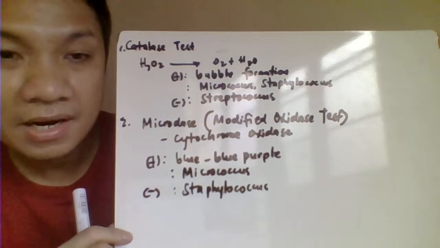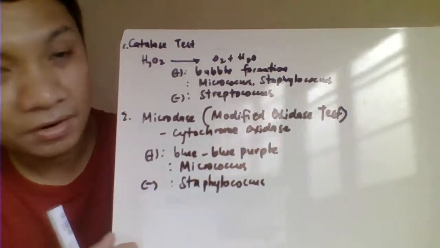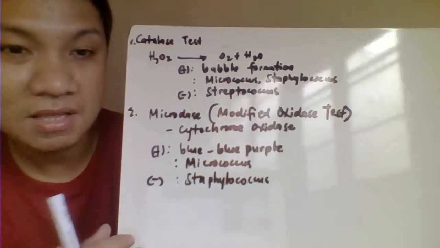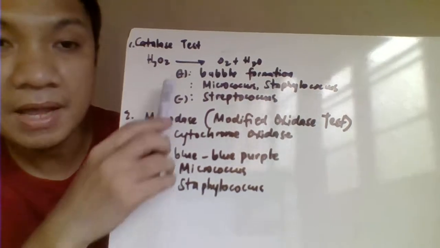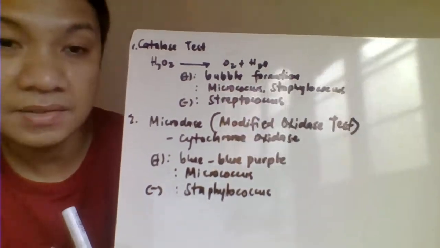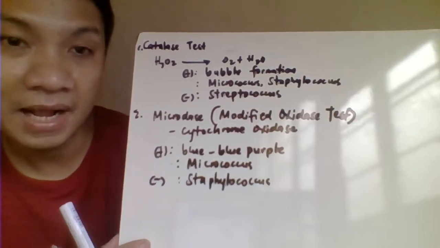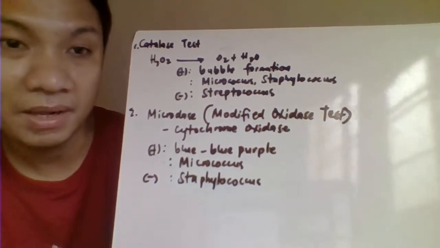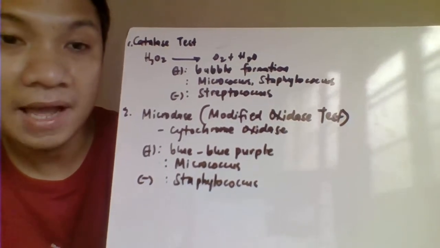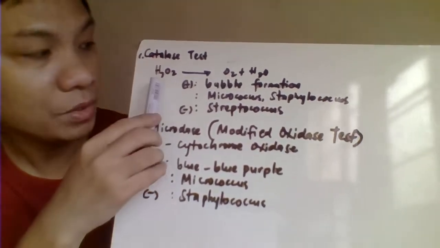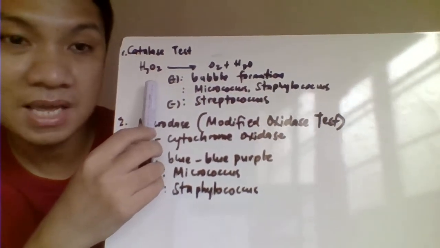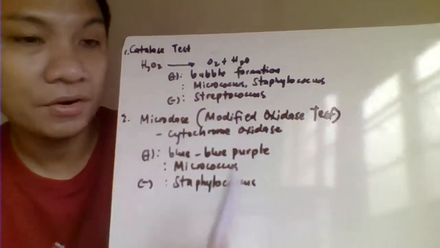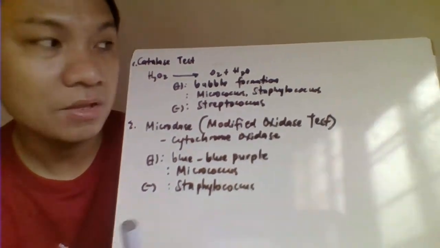Okay, so here is an overview of the tests that are very important in differentiating staph, strep, and micrococcus. First, we have the catalase test. The catalase test identifies the enzyme catalase present in bacteria. If your bacteria contain this enzyme, it will hydrolyze hydrogen peroxide, the substrate, into oxygen and water. The procedure is just the slide method.